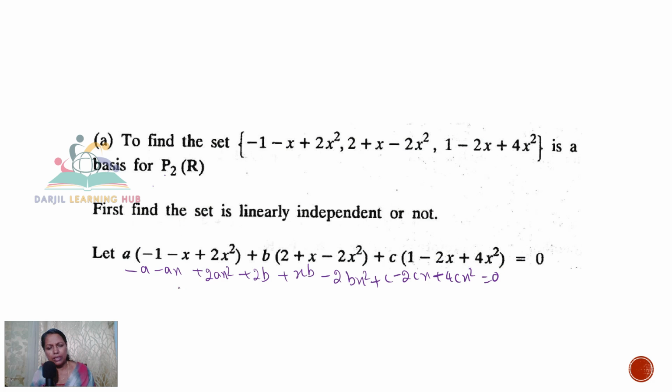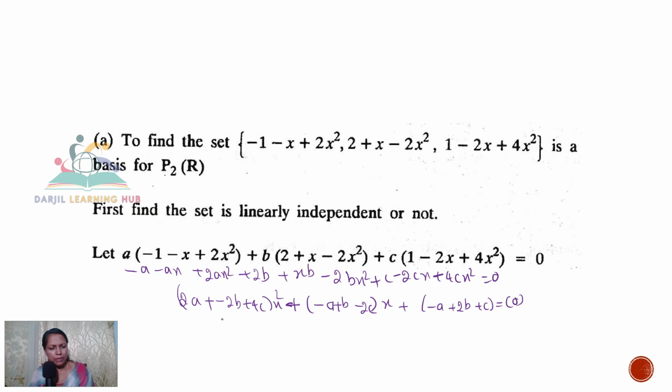Then we can write the terms with the higher powers first, then the next higher, and so on. So the x square term is 2A minus 2B plus 4C, the x term is minus A plus B minus 2C, and the constant term is minus A plus 2B plus C. It is nothing but 0, so we can call it 0.